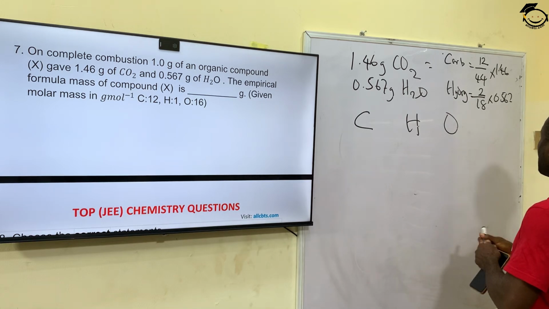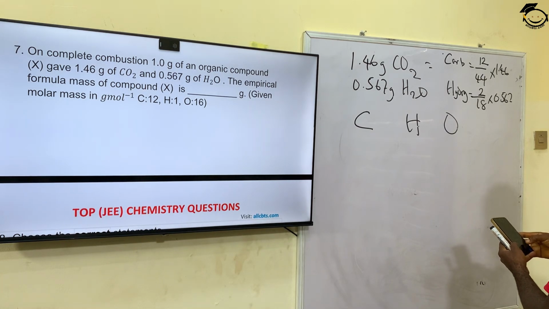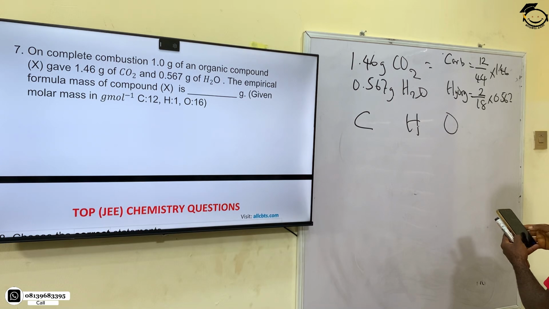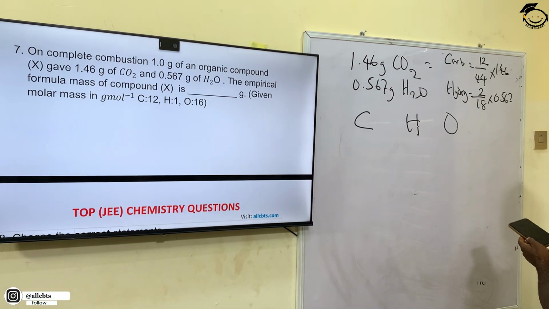So solving that, we have 12 times 1.46 divided by 44. That gives us 0.398.